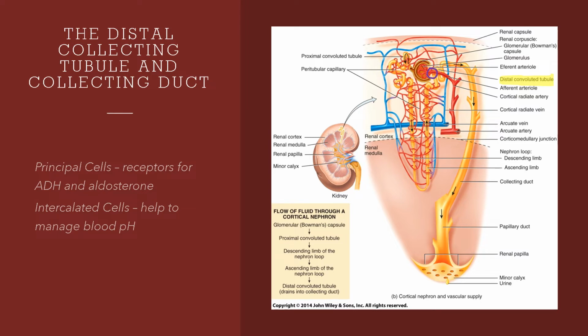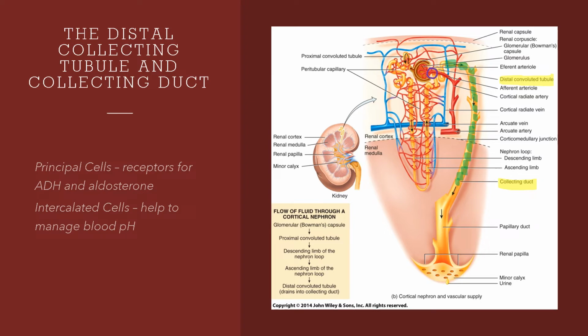In the last part of the distal convoluted tubule and continuing into the collecting ducts, there are two different cells that are present. Now these are going to be important cells. Most of the cells within this region, again, the last part of the distal convoluted tubule and continuing into the collecting duct, kind of in about this area here, going down here, are where we're going to find these cells.